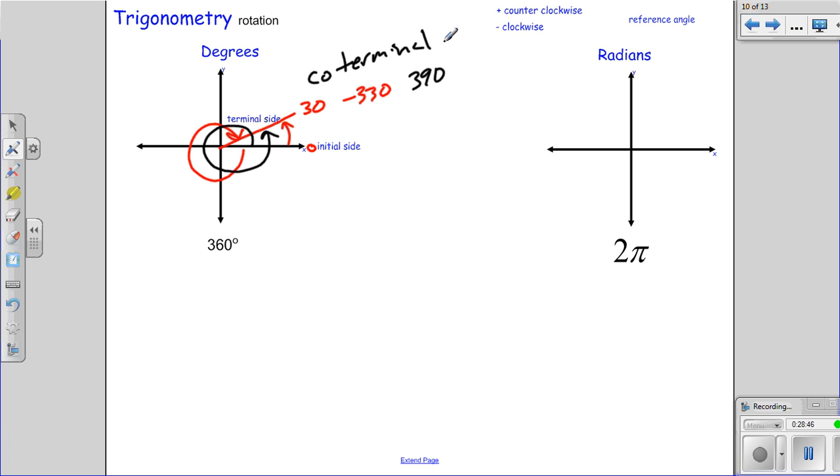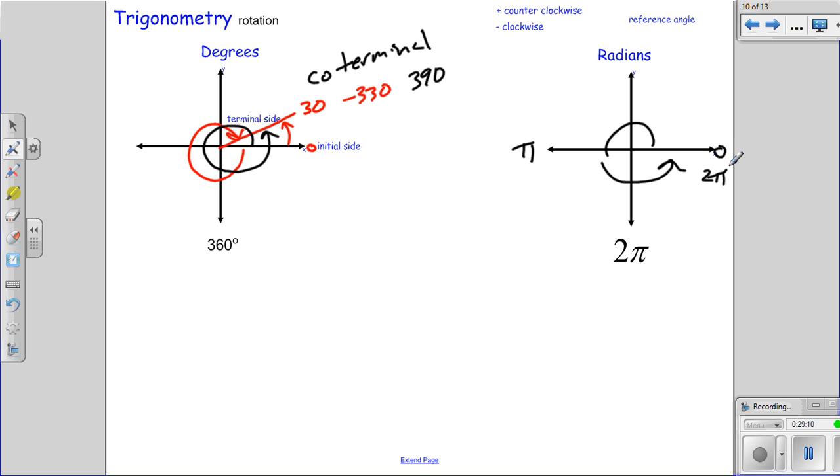That's very important to realize, because it's going to be important when we do inverse trig and isolating what answer is associated with the right problem. With radians, it's the same thing as well. The only difference here is we still have the coterminal rotations of different types. If this is 0, your initial side, and this is pi, and then you rotate one more, you're back at 2 pi.